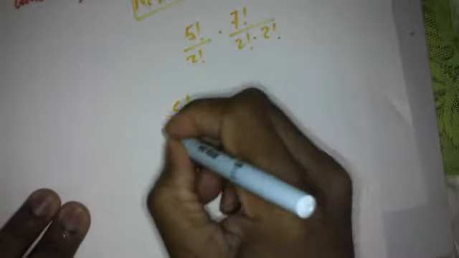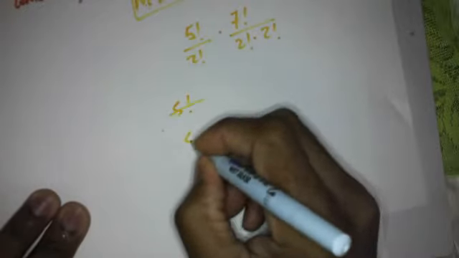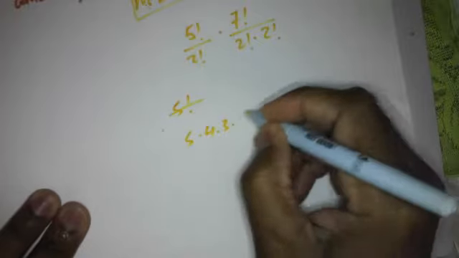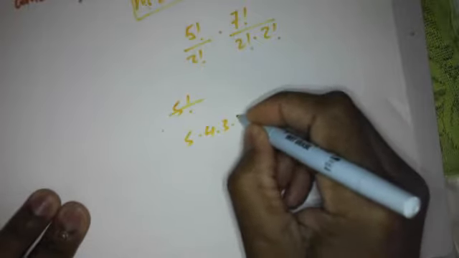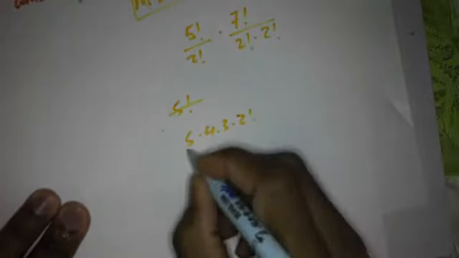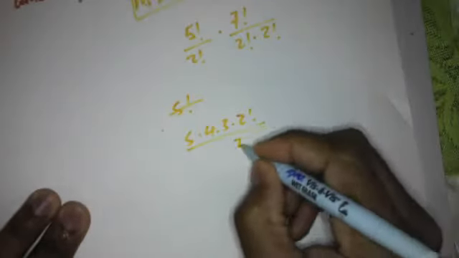Now again, this is your answer. But if you want to break it down, we could write this as 5 factorial, which is 5 times 4 times 3 times 2, and I say 2 factorial divided by this 2 factorial. Times, let's work out this part over here.